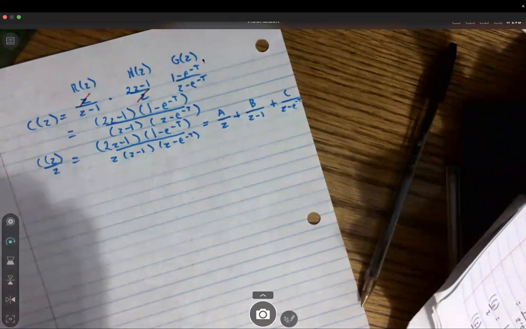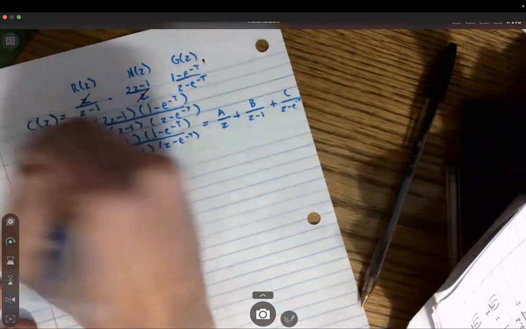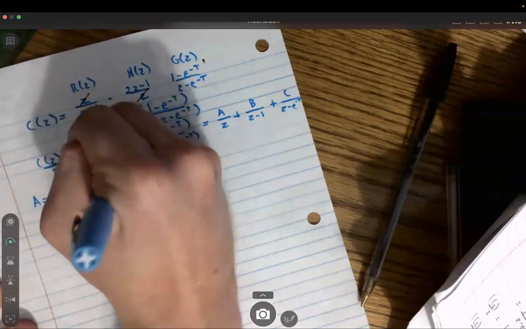So getting our A is going to equal z multiplied by C(z) over z, where z is equal to 0.